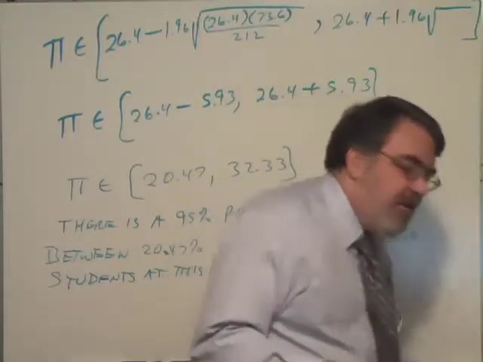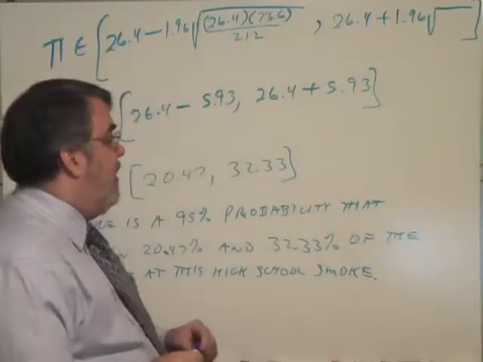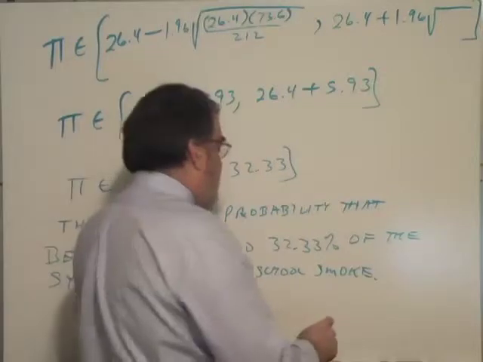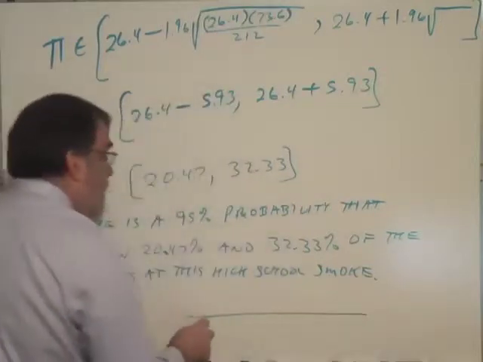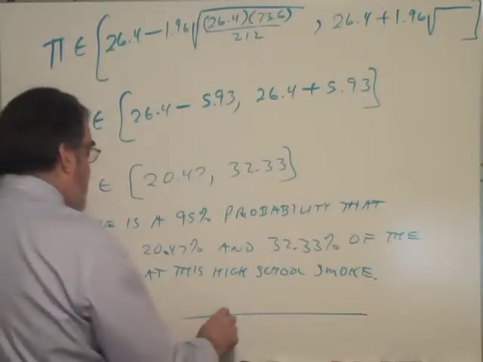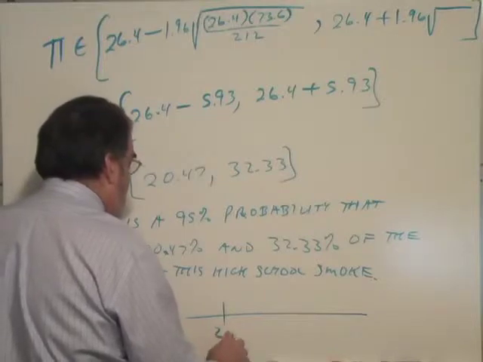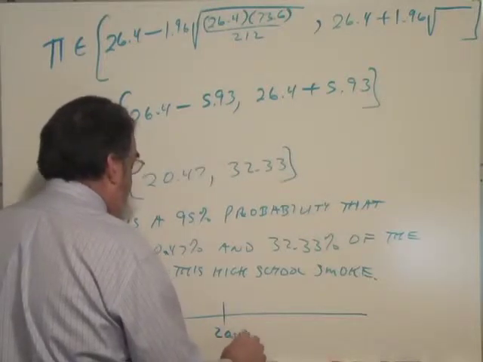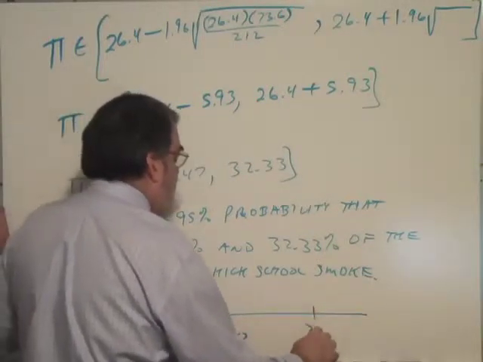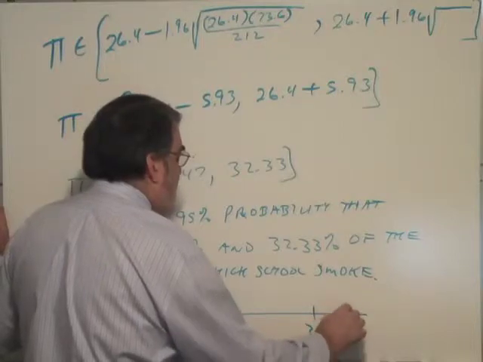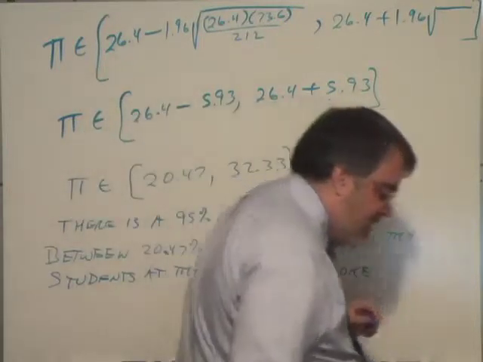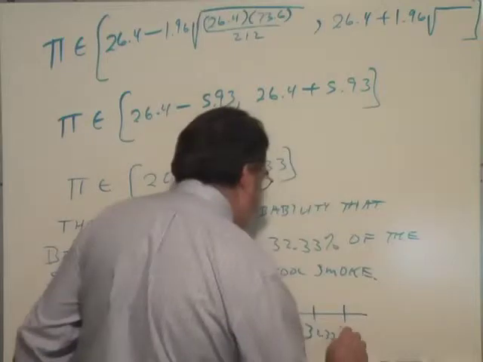So if the national average is 34.2, you might imagine it this way. On this continuum here, we have 20.47 and 32.33, and the national average is above that, it's 34.2.